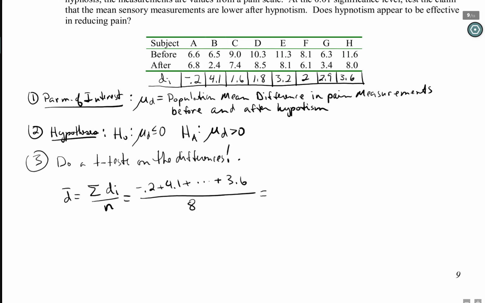And so if you did that, you should get a sample mean difference of 2.375. Okay. Clearly the sample mean is bigger than 0. But we're asking the question, is the margin by which it's bigger than 0 large enough to conclude that the population mean is also bigger than 0? Okay, so the hypothesis test is trying to answer that question.